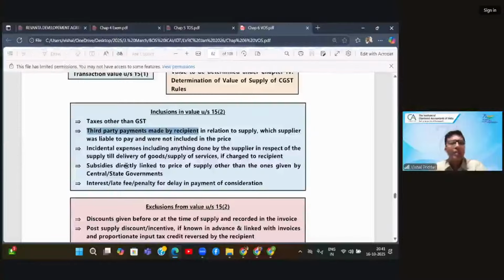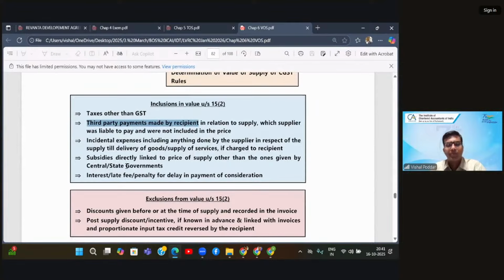Now generally, where any payment of the supplier is made by the recipient, the recipient will ask the supplier to adjust the price for that payment. It means the price will be reduced. Now, in such a case, if the price is reduced by the supplier, the law says you have to add back that amount which originally was the liability or obligation of the supplier. So that amount has to be included.